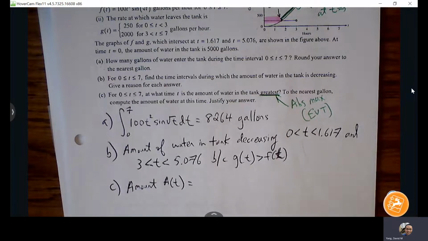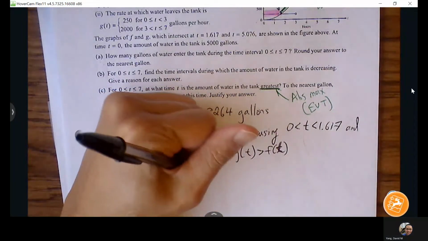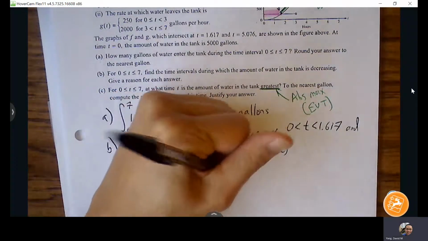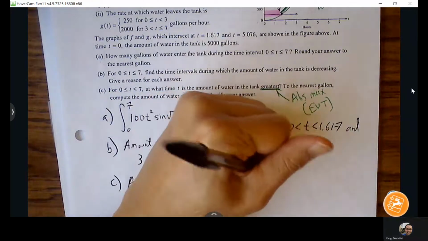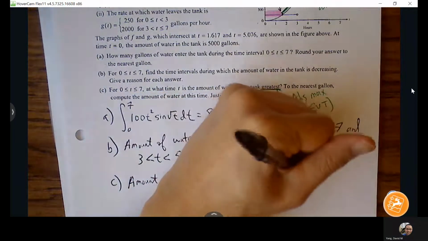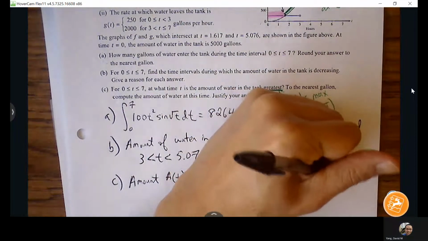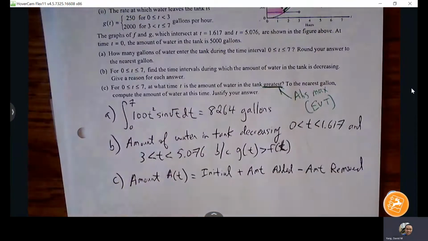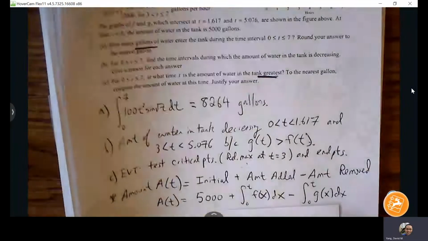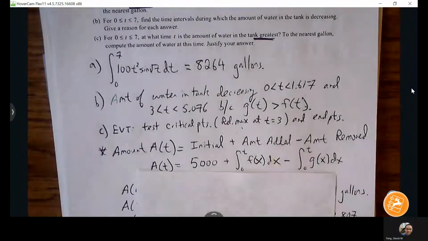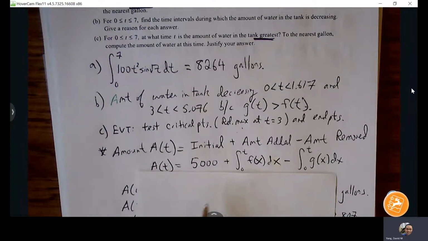There's the initial amount, there's the amount coming in, and there's also the amount being removed. So we know there's 5,000 gallons to begin with.